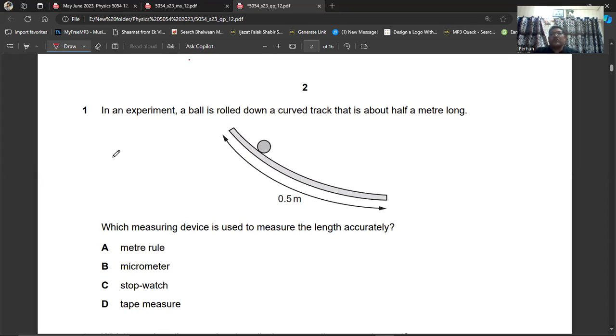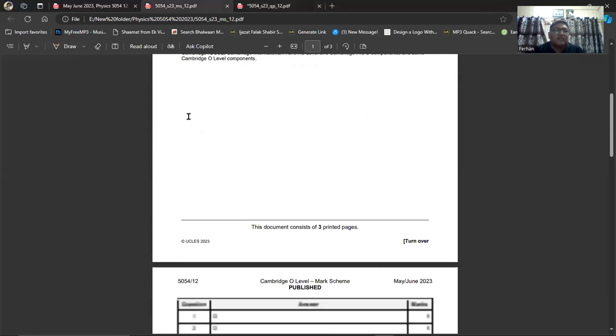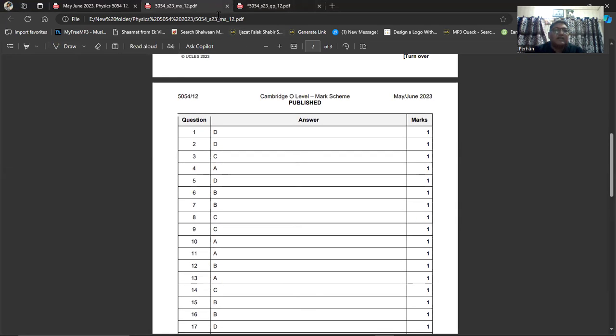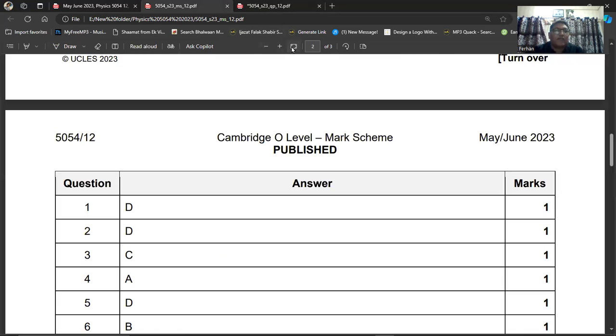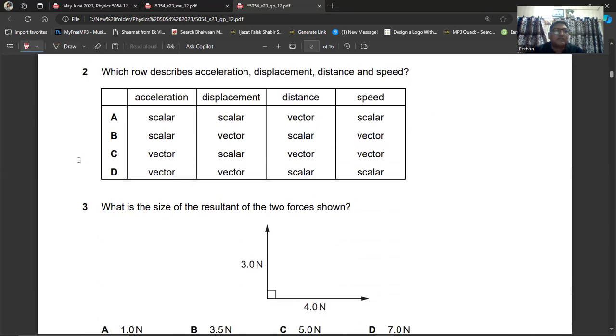Because the track which you want to measure is curved, we can use a tape measure, because the tape measure is flexible. So hopefully you understand. Let's check the answer. D is the right answer. Question number 1, D is the answer.